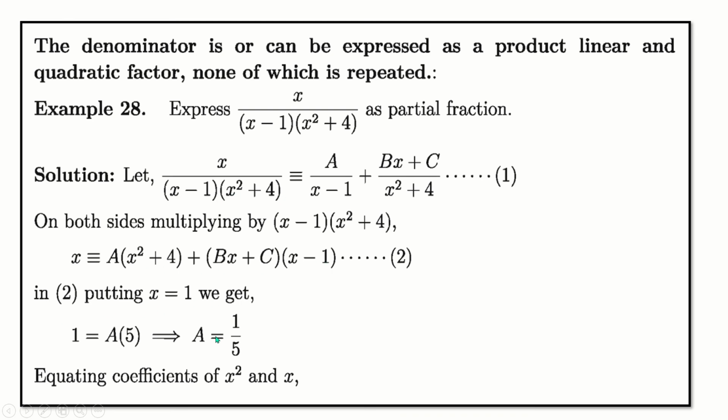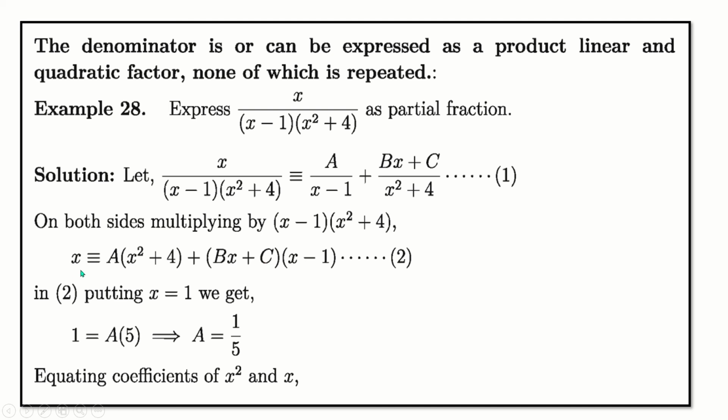Now putting x equal to 1, we will get a equal to 1 divided by 5. Equating the coefficient of x square and x: the coefficient of x square on the left side is 0, but on the right side it will be a plus b, because bx into x means bx square and all other parts are linear or constant.